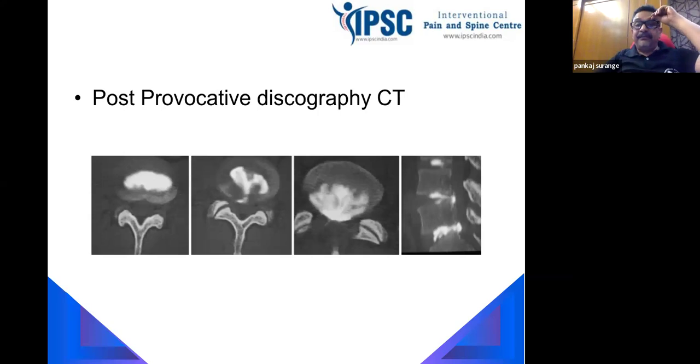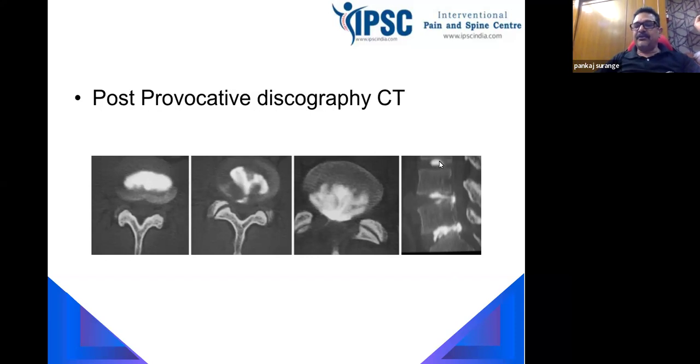Provocative discography, post-provocative discography. Discography is putting pressure inside a disc to generate pain. And post-discography, we send the patient for a CT scan to identify the tears. Now you can see here, this is a normal disc. So the contrast is within the disc material, the nucleus material.